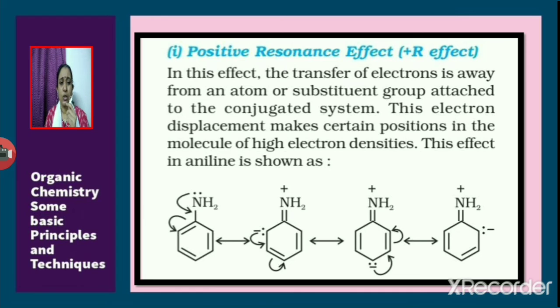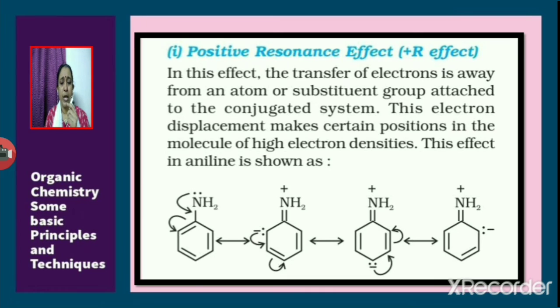So the transfer of electrons is away from an atom or group attached to the conjugated system. Benzene ring is taken as the conjugated system here, and the transfer of electrons is away from the NH2 group attached to the benzene ring. As a result of shifting of the lone pair of electrons present on nitrogen to the adjacent bond position, we get the next structure in which nitrogen carries a positive charge and the ortho position carries a negative charge.